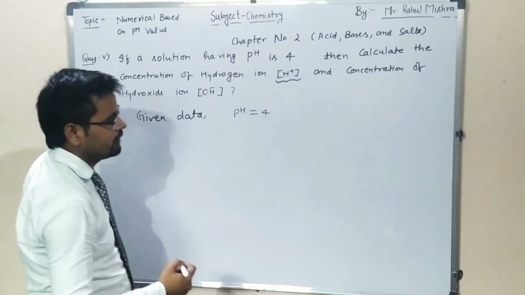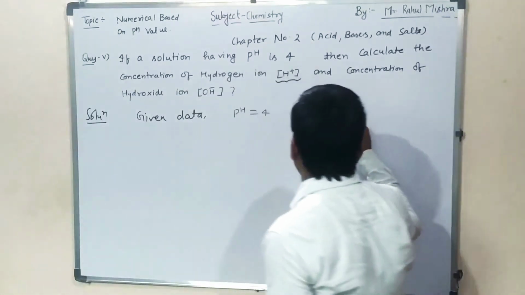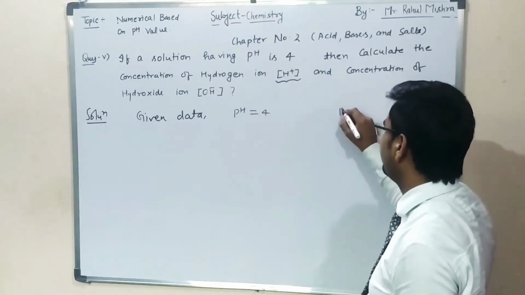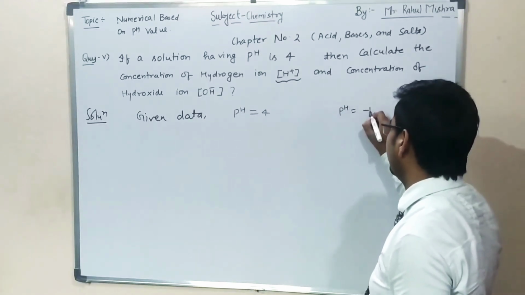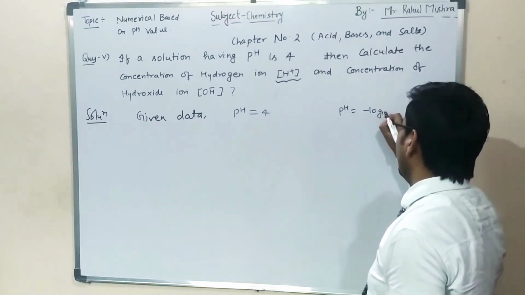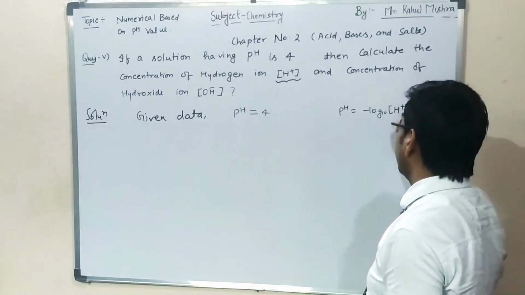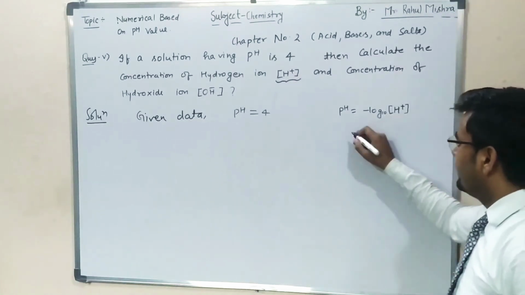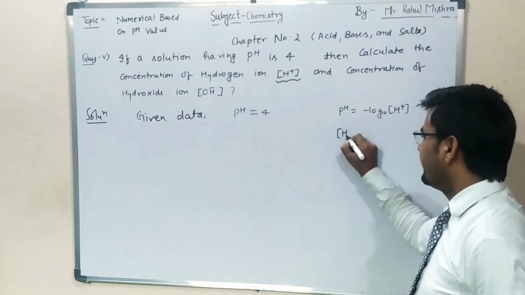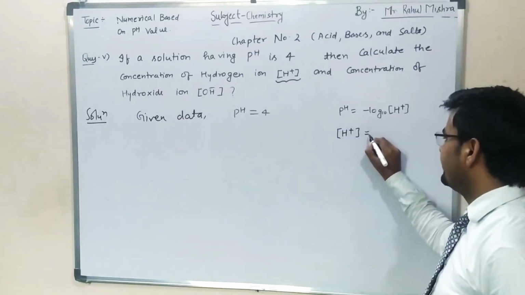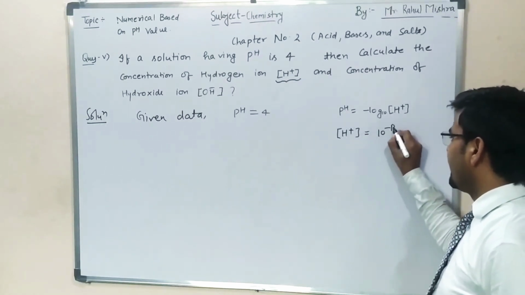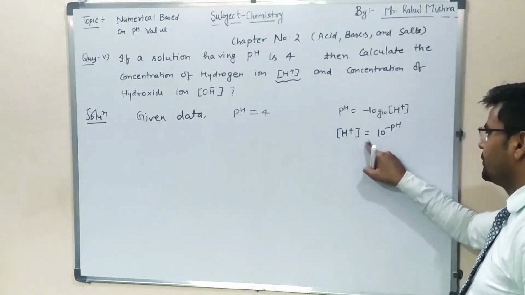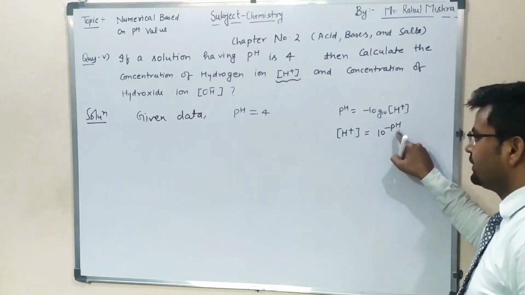So listen, we all know that pH is equal to 4, and we all know that pH is equal to minus log H plus ion. You know about this formula. And listen, there is another formula, H ion concentration will be equal to 10 to the power minus pH.